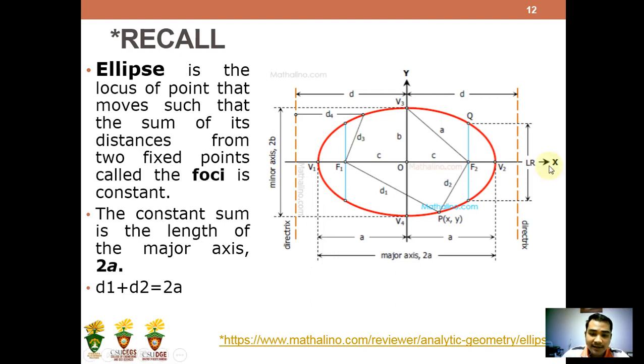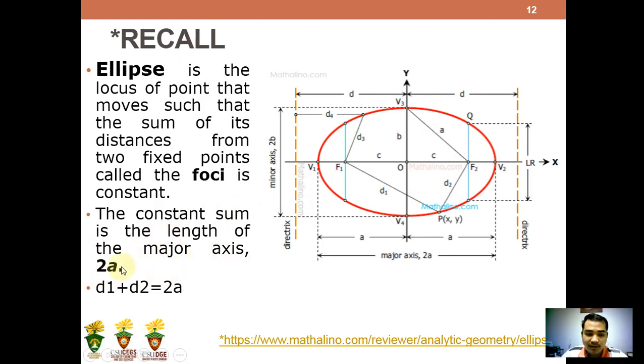So it means an ellipse has two fixed points, the foci, and the sum of the distances from the two fixed points, from one point to this focus plus to the other, is constant. The constant sum is the length of the major axis, 2a.